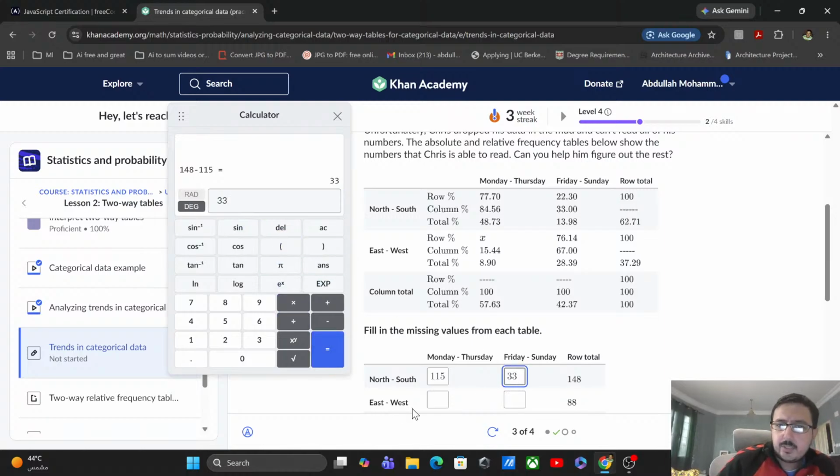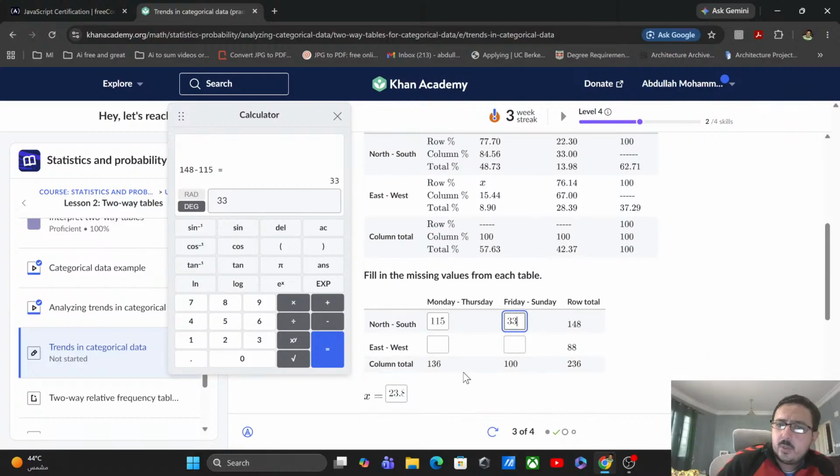And then for east-west, the row is 136, so 136 minus 115 equals 21, and then 100 minus 33 equals 67.